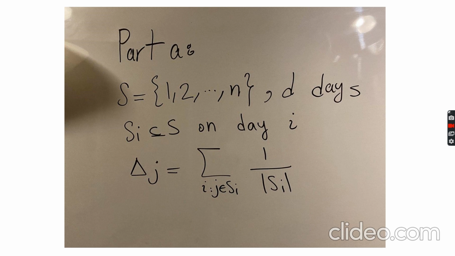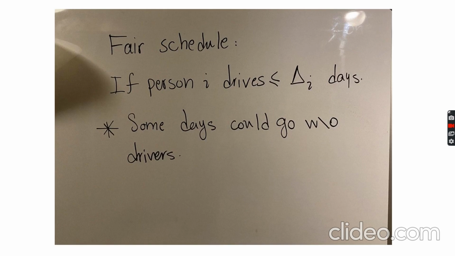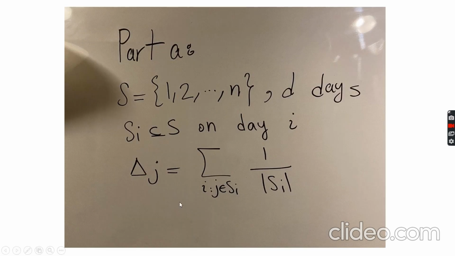And we have a condition on this scheduling, so we call a scheduling fair scheduling if each person drives at most delta j days, and delta j is defined here like this. Basically, for each day that the person wants to travel, they have an equal probability with the rest of the people to drive.